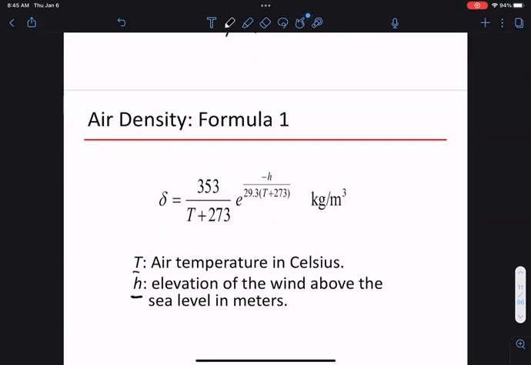It depends on two things. This is, for example, one empirical equation for how air density depends on these things. We're not going to derive this equation. As long as you know there is an equation to look at, that's fine. You don't need to memorize this equation.